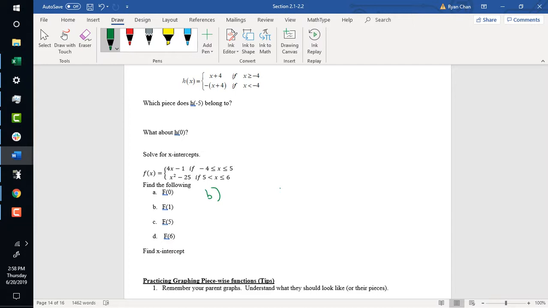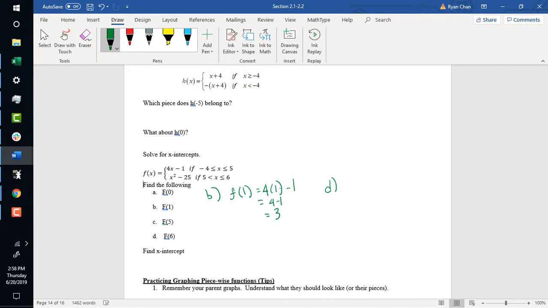I notice 1 is between negative 4 and 5, so I use the very top one. So f of 1 is equal to 4 times 1 minus 1, which is 4 minus 1, and that equals 3. And that's pretty straightforward.